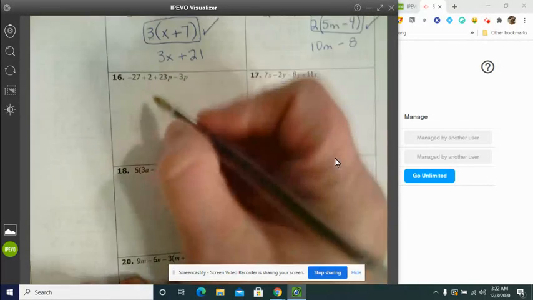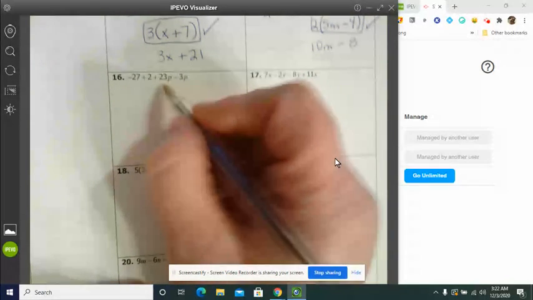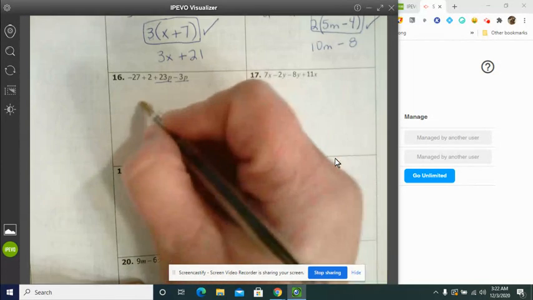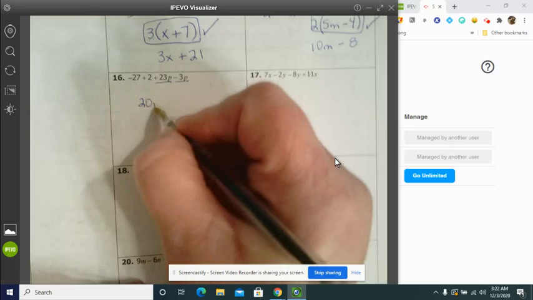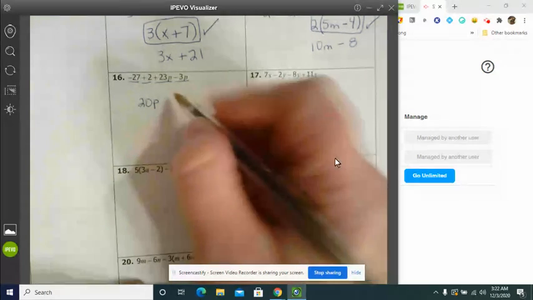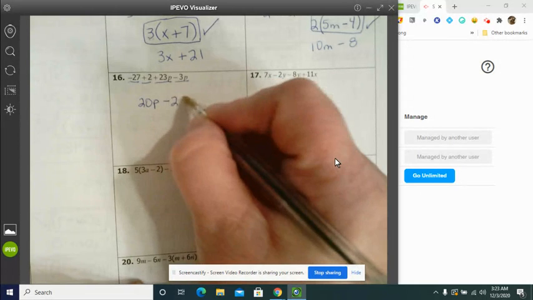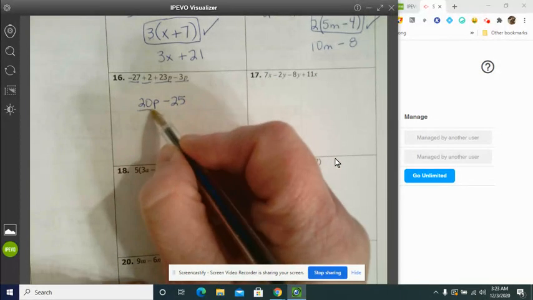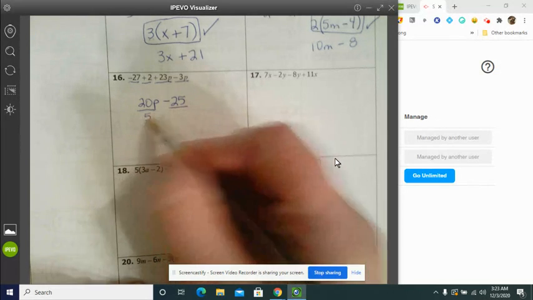Okay, the next one, I'm going to combine my like terms. 23p and negative 3p become 20p. Negative 27 and positive 2 becomes negative 25. I can pull a factor of 5 out of both of those.